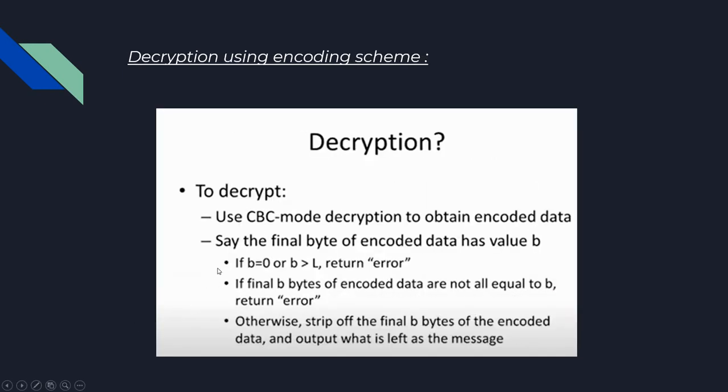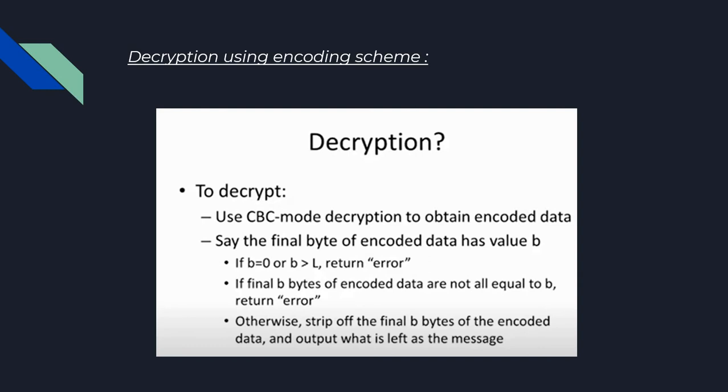Now the decryption of this particular encoding scheme is similar to CBC decryption, but here the data is in encoded form. So after decryption, if the final byte of the encoded data has the value B, and that value is equal to 0 or greater than L, then an error message will be generated.